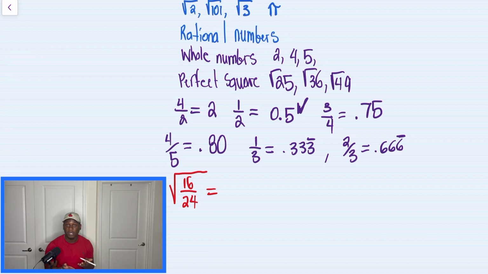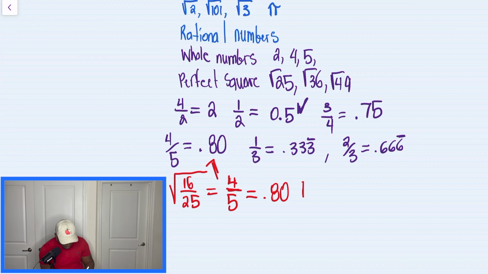Is it possible to simplify? If they were not perfect squares, then yes, it would be irrational. But when we look at this, this is just 4. And I'm sorry, I made a small mistake. This should be 25. So this should be 4 over 5. And like we said, that's just 0.80. So this would be a rational number.